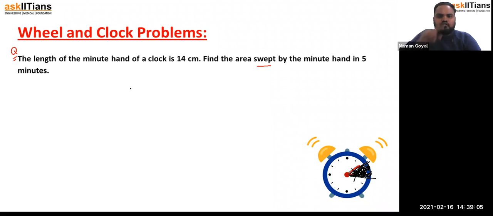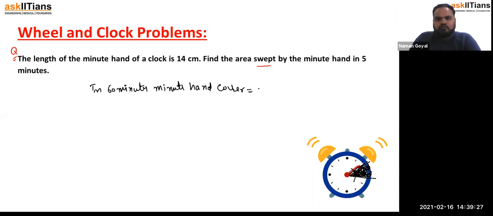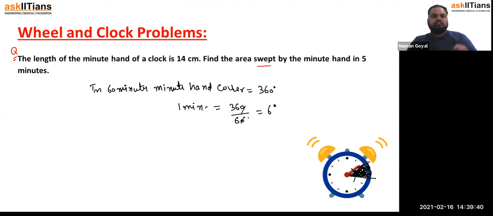When the minute hand makes a complete circle, it covers 360 degrees, and this takes 60 minutes. So in 1 minute, how much angle does it cover? 360 upon 60, so 6 degrees in 1 minute.